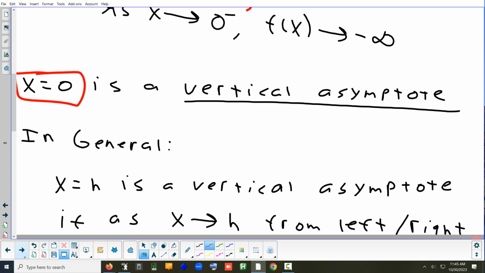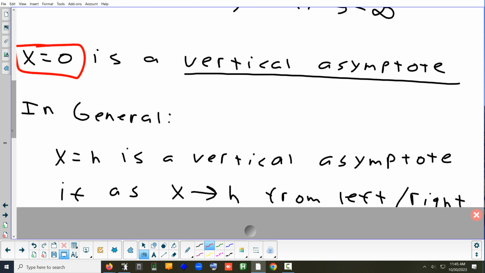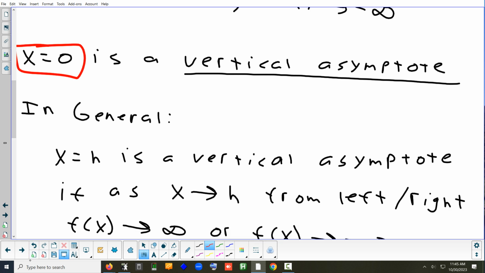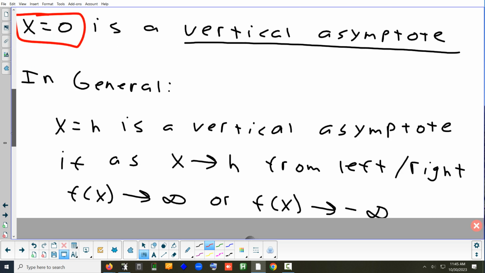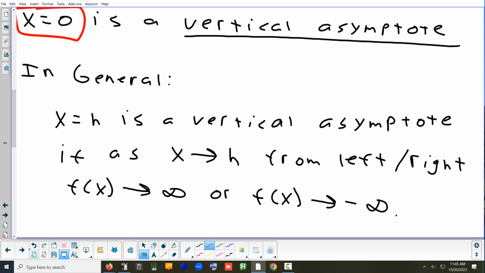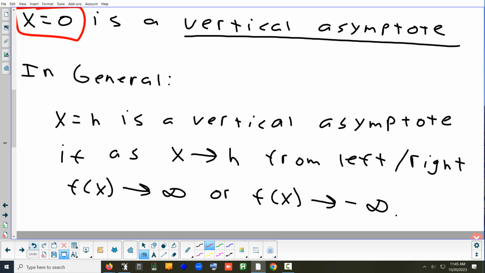Okay, so in general, what are you looking for for a vertical asymptote? The idea of a vertical asymptote is as you approach a number, could be 0, could be 2, depends on the problem, but as you approach a number from both sides, the left and the right, your graph either curves up to infinity or down to negative infinity.